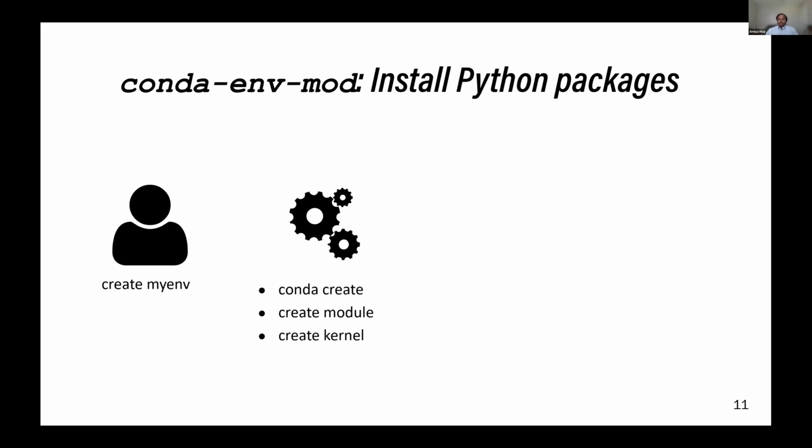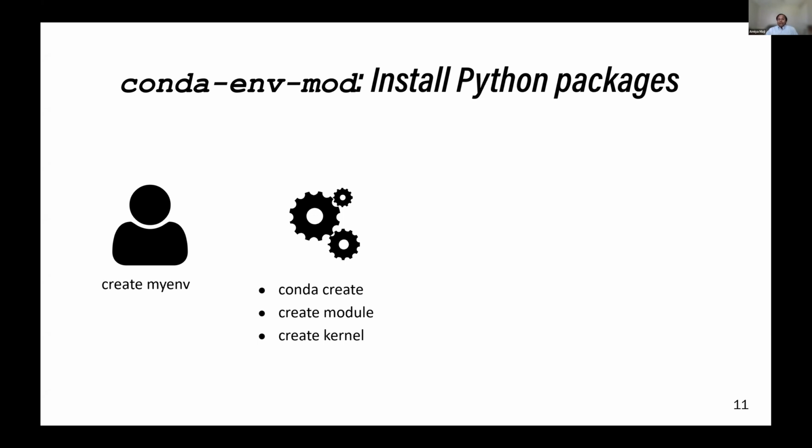Behind the scenes, it creates that Anaconda environment from your requirement, and then it will generate an environment module from that environment. The word environment is very overloaded, so I might be mixing runtime environment with Python environment and environment module. Please bear with me, and if you are confused, stop me and ask questions.